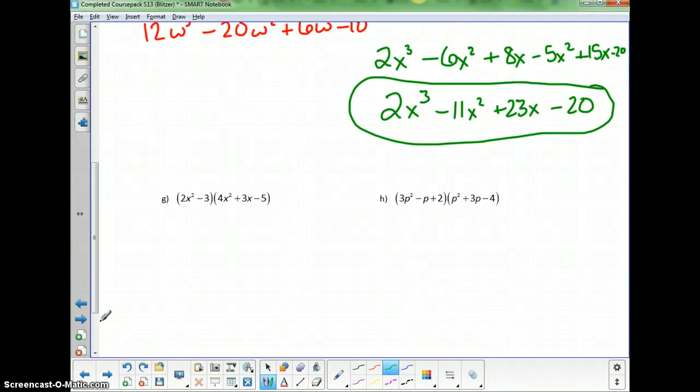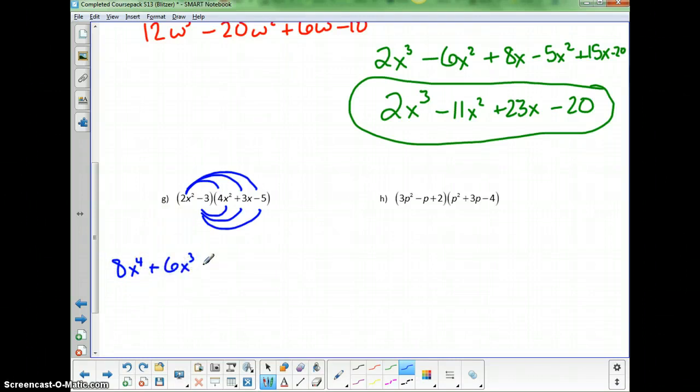The next one is also going to be two terms distributed into 3. So we'll make sure we multiply 2x squared into all 3 terms, and likewise negative 3 into all 3 terms. We're going to start with 8x to the 4th plus 6x cubed minus 10x squared.